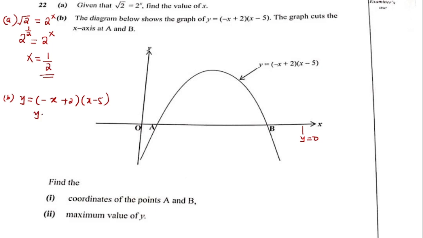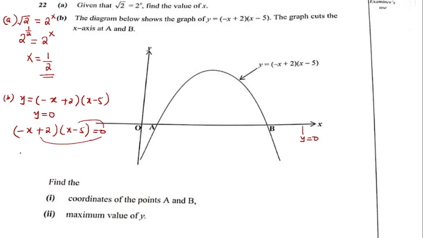Since we have been told that y is equal to 0, we're going to equate everything to 0, so that we can find the value of x. So negative x plus 2 is equal to 0, and x minus 5 is also equal to 0.